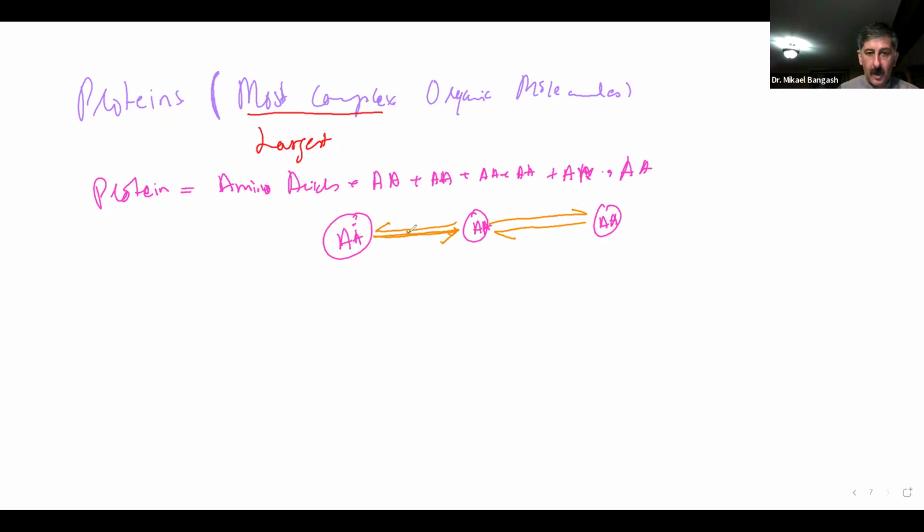Although on a large scale we could call them chemical bonds, this specific bond that holds 2 amino acids together is what we'll call a peptide bond.